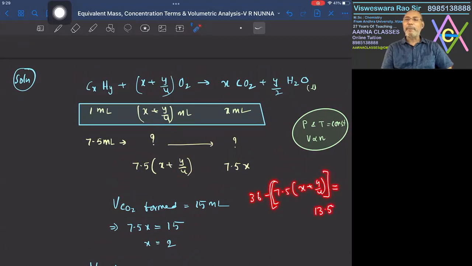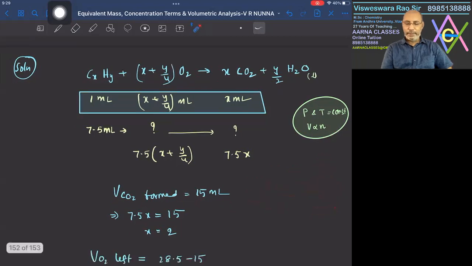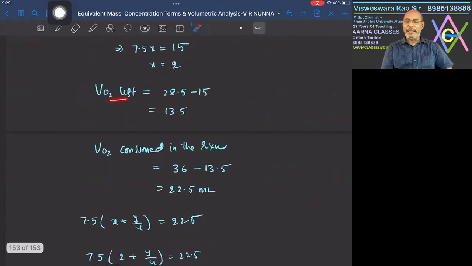The paper setter is telling that 13.5 ml of oxygen is left, absorbed by alkaline pyrogallol. So the volume of oxygen left given by the paper setter is 13.5. Now, the volume of oxygen consumed in the reaction: taken 36 ml, so 36 minus 13.5 is consumed, 22.5 ml.